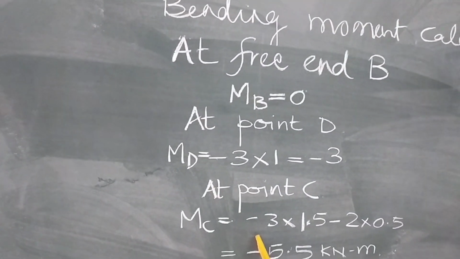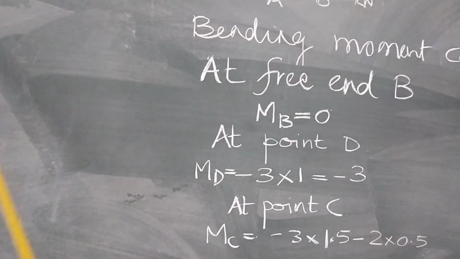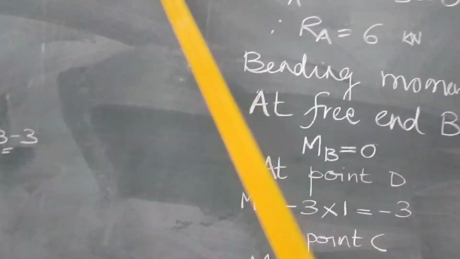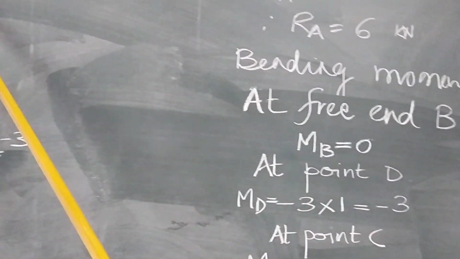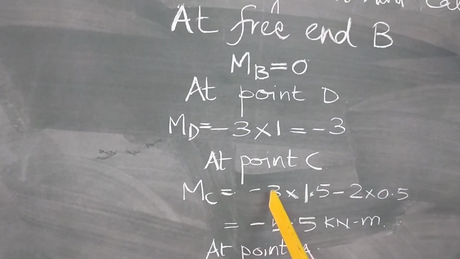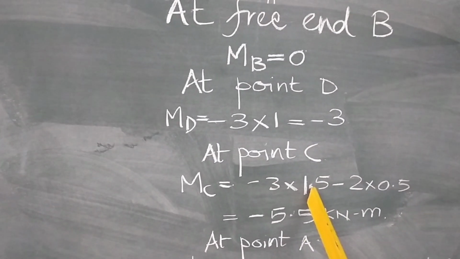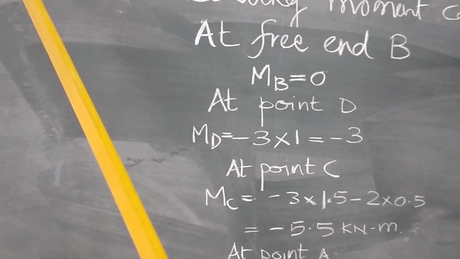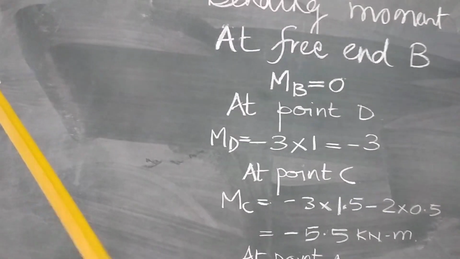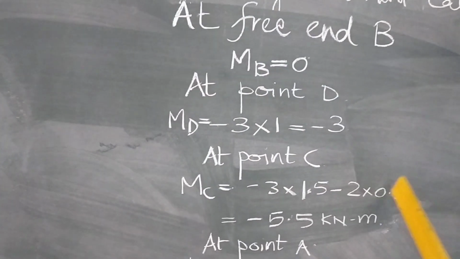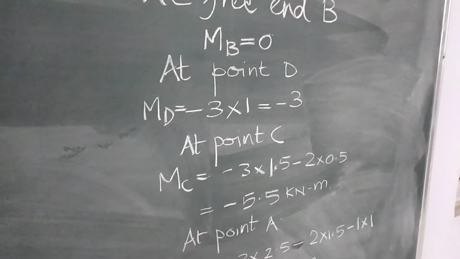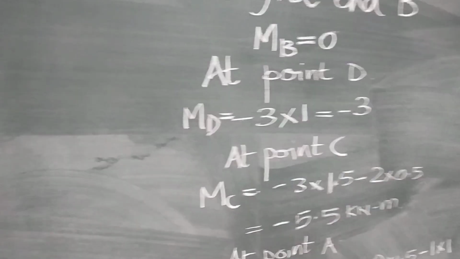So, minus 3 into 1.5, because clockwise at right is negative. So, this is clockwise moment, minus 3 into 1.5, minus 2 into 0.5, which is nothing but minus 5.5 kilonewton meter.